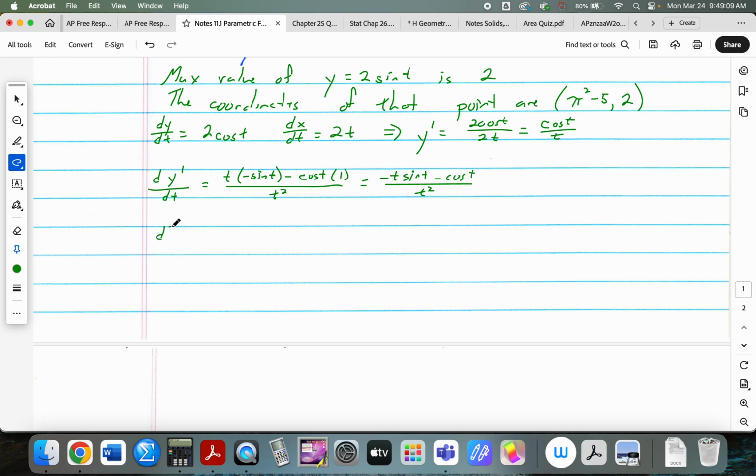So the second derivative, d squared y dx squared, is dy prime dt, so negative t sine t minus cosine t all over t squared, over dx dt, which is 2t.